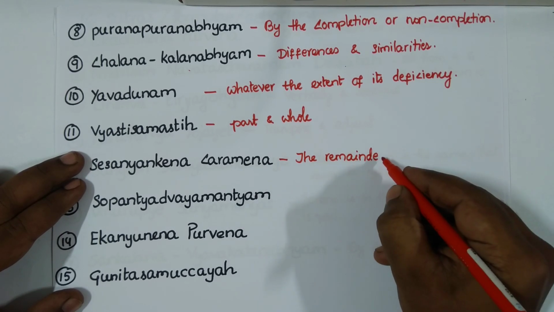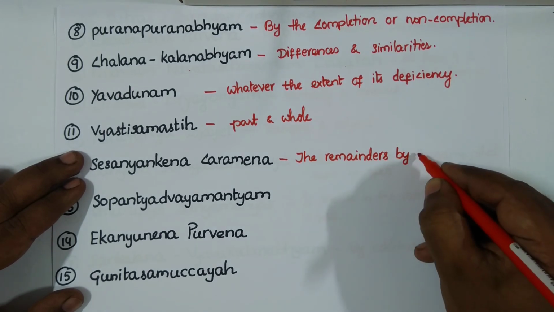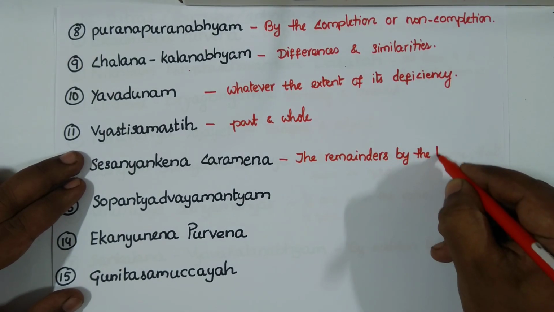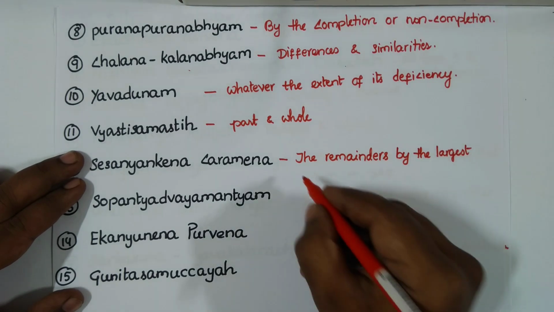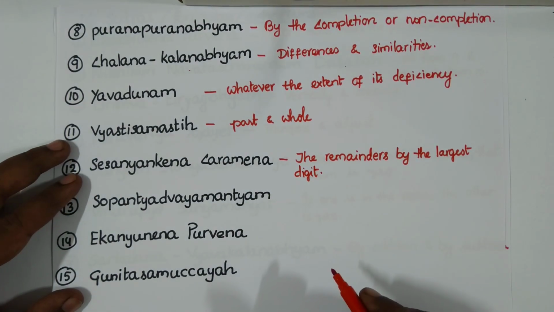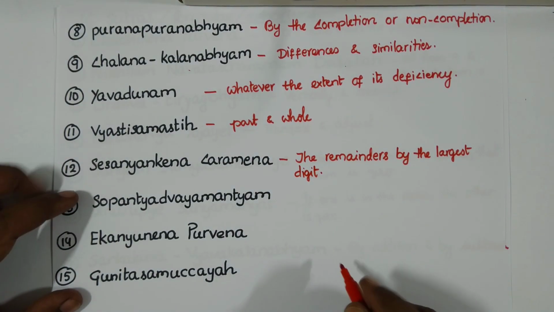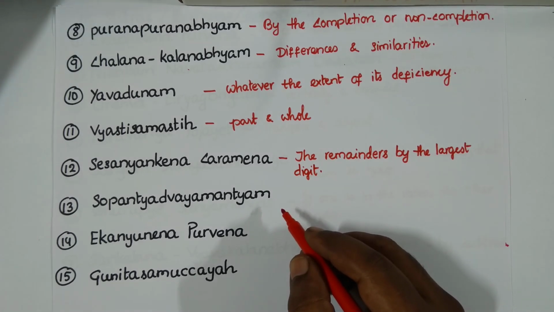Maharishi Vedavyasa, son of Satyavati Devi, is a genius, and I think the blessings of God are always with him. So he is really powerful. Sheshayan Kena Charamena, the remainder by the last digit. Now Sopantya Dvayamantyam.